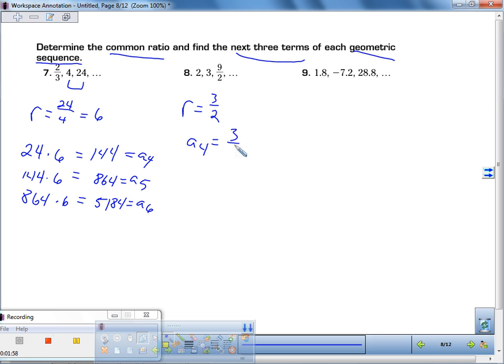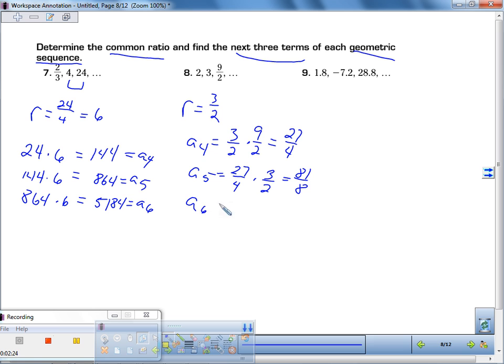So that'll be 3 halves, which is our common ratio, times 9 halves. We'll multiply the top, multiply the bottom, so we end up with 27 over 4. So that's a sub 4. A sub 5 would be 27 over 4 times 3 halves. 3 halves is our common ratio. When we multiply that, we end up with 81 over 8.